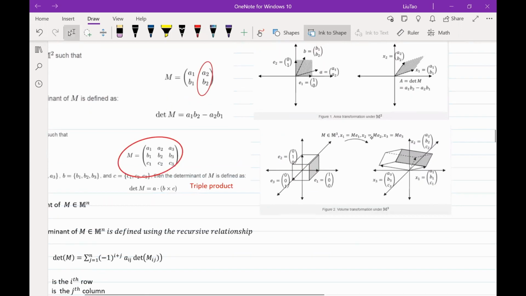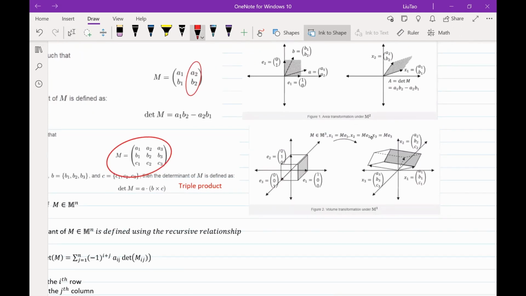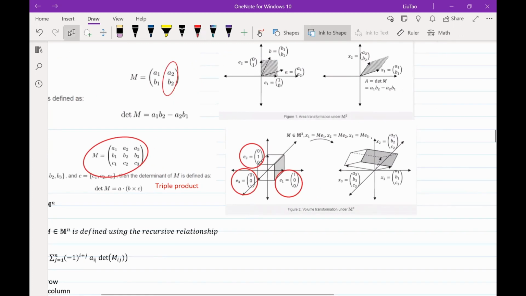So let's do the same thing. We are trying to transform the basis vectors in the first basis set, E1, E2, and E3. After transformation, M times E1 gives our first column, so it's A1, B1, C1.